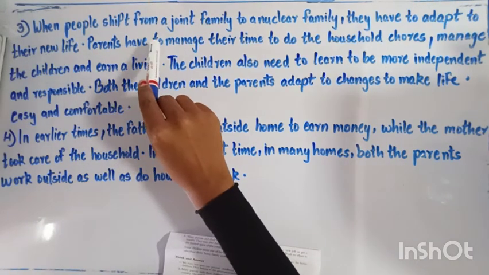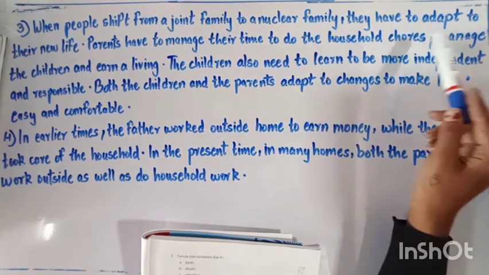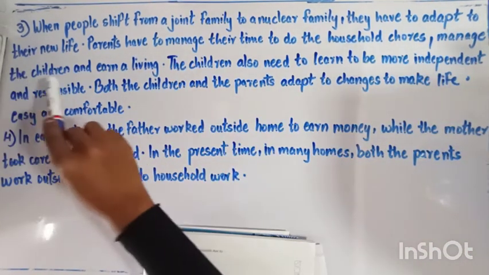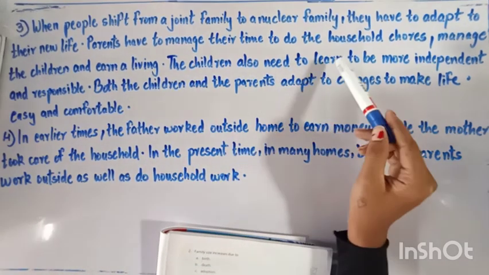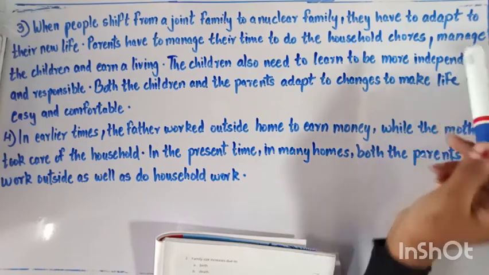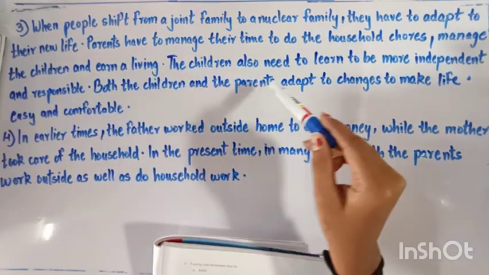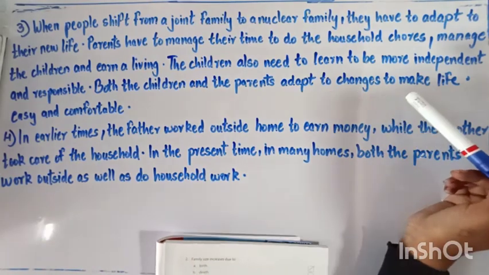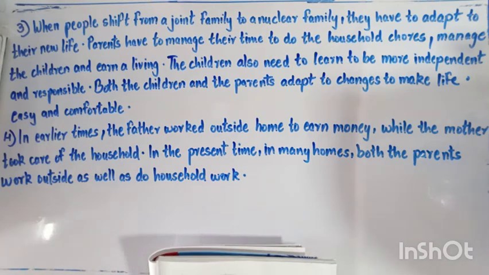Parents have to manage their time to do the household chores, manage the children and earn a living. The children also need to learn to be more independent and responsible. Both the children and the parents adapt to changes to make life easy and comfortable.